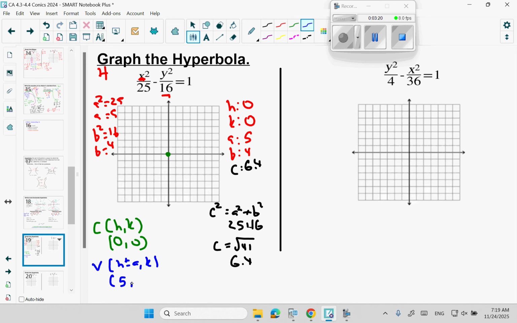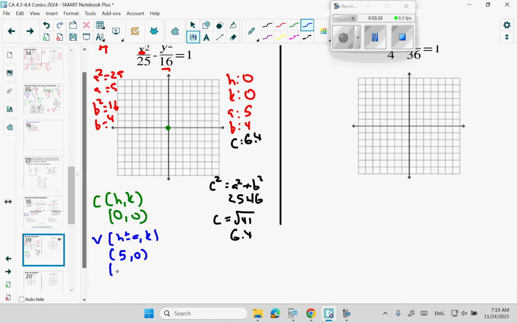So that's going to be 5, 0, and negative 5, 0. Foci, h plus and minus c comma k. So 0 plus 6.4, 0 minus 6.4. So 6.4, 0, and negative 6.4, 0.